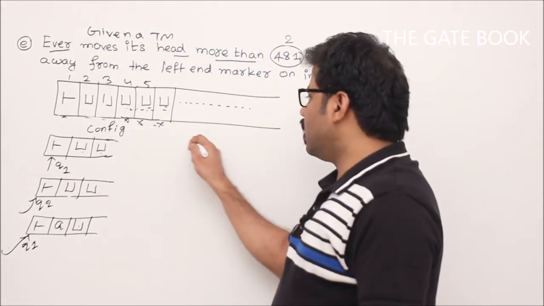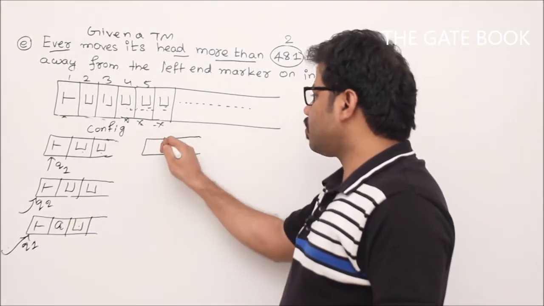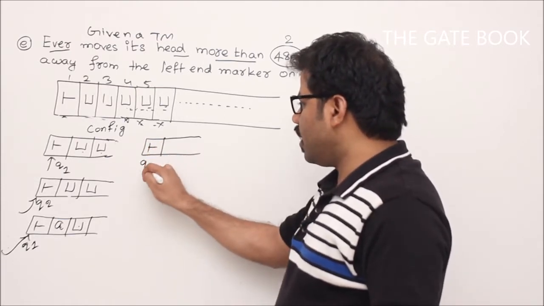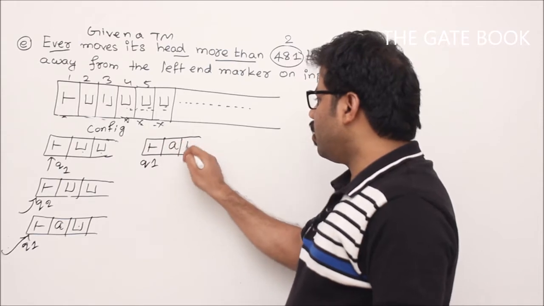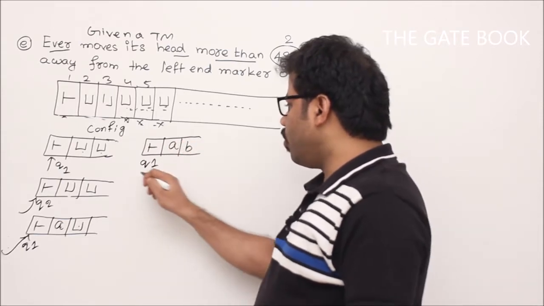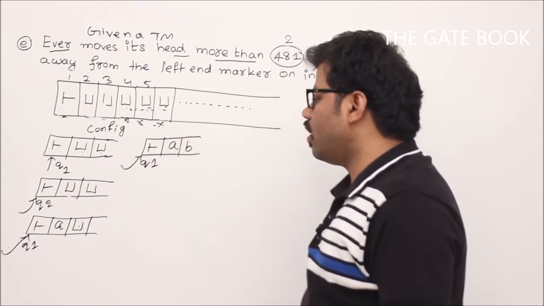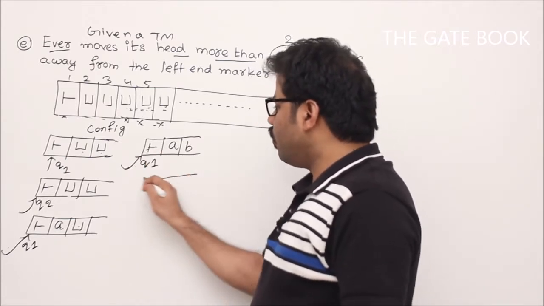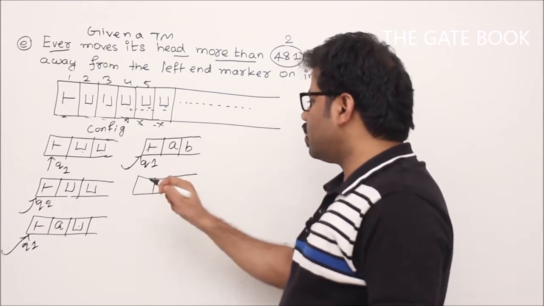Yes, let me list out all possible configurations. Left hand marker, maybe same Q1 state, I can write AB. Sir, we are going to get so many configurations, it seems. Yes. Let me confine my head to only the first point so that we try to find all possible configurations.